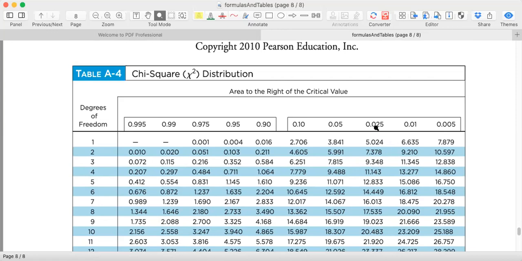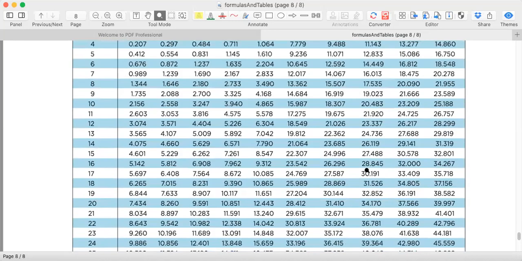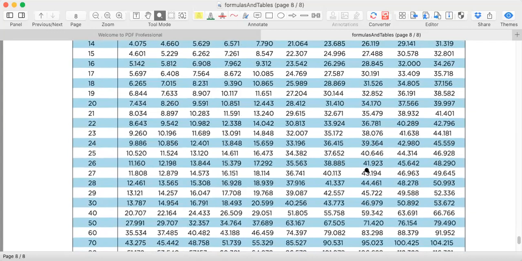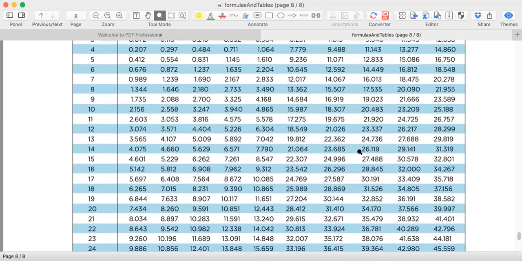So we're going to look for 0.025, and it's in this column. And then we're going to go down to the critical value row, and the degrees of freedom, remember, is sample size minus 1, which is 20 minus 1, which is 20, and the critical value is 34.170. Okay, so that is the critical value on the right.